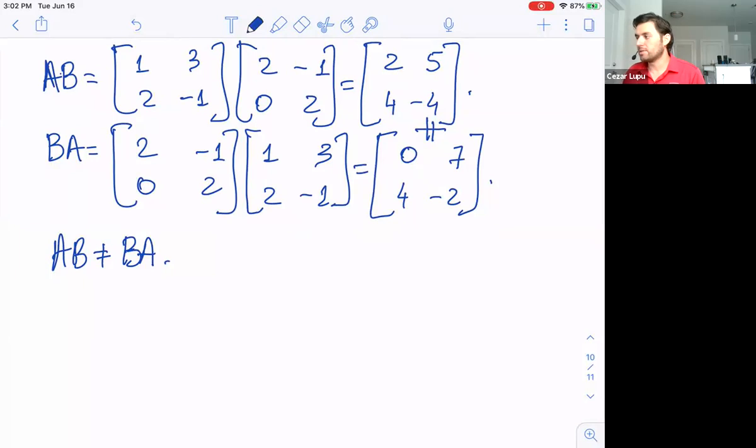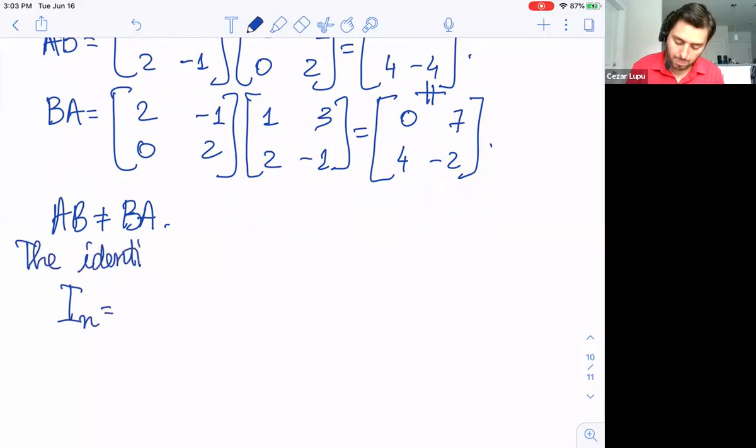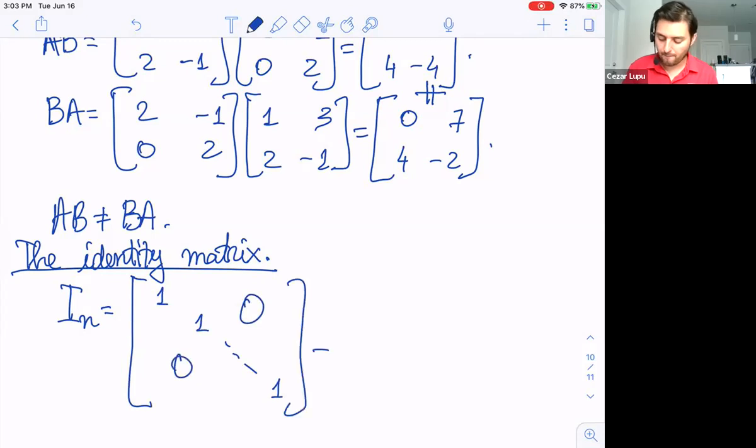So now I want to talk about another special square matrix, the identity matrix. It is nothing else than having 1s on the main diagonal, and the rest is 0.